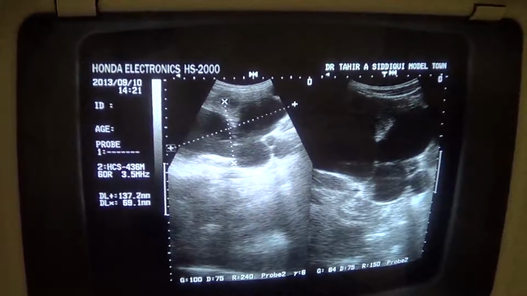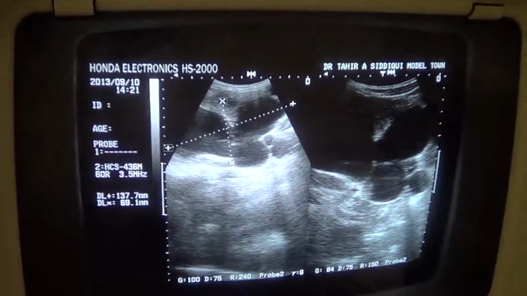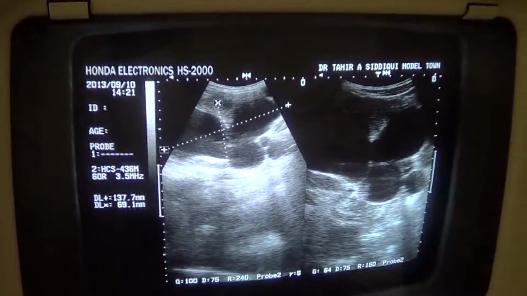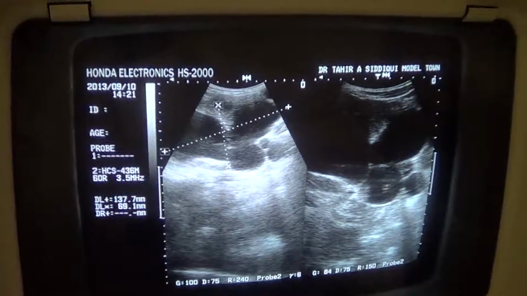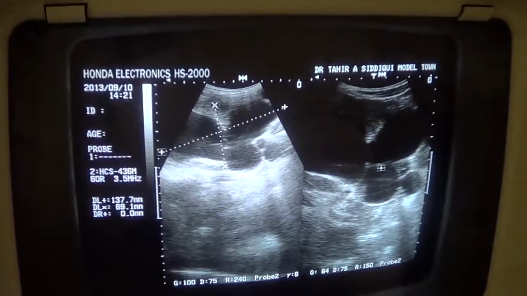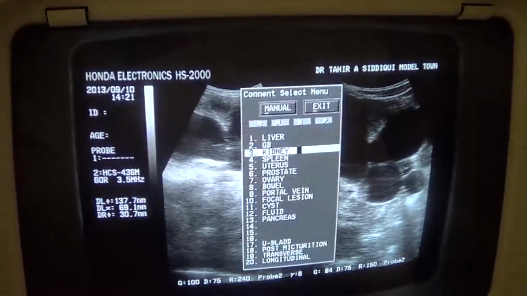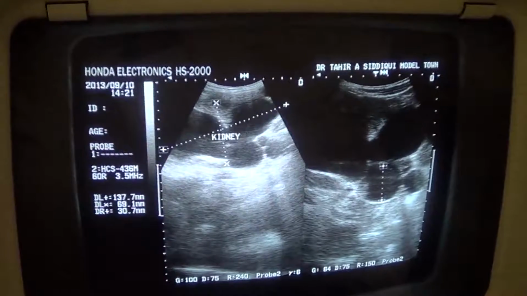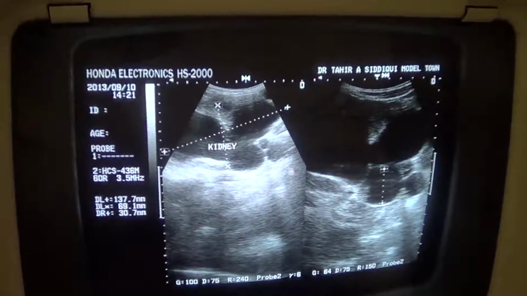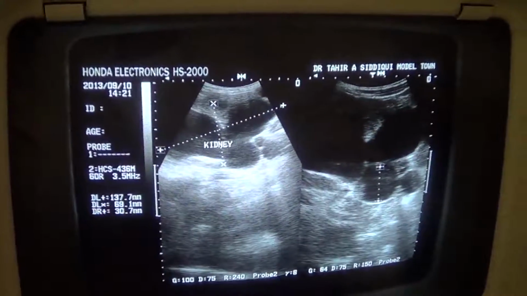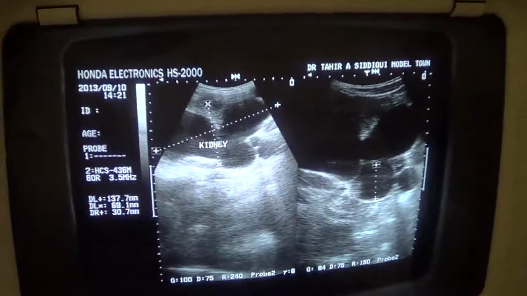This is the pelvis, and it measures 3.1 centimeters. Left kidney: massively dilated, thinned out parenchyma.